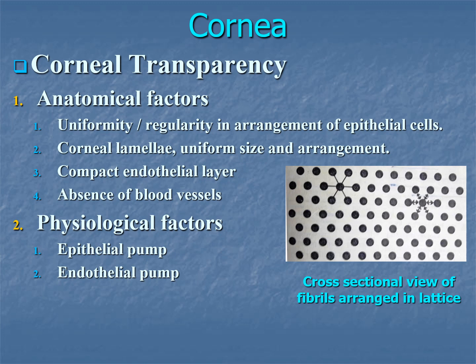Endothelial pump is stronger than the epithelial pump. And if endothelial pump fails due to any reason, due to less number of endothelium or due to diseased endothelium or due to any other disease, then opacity or edema is bound to occur.